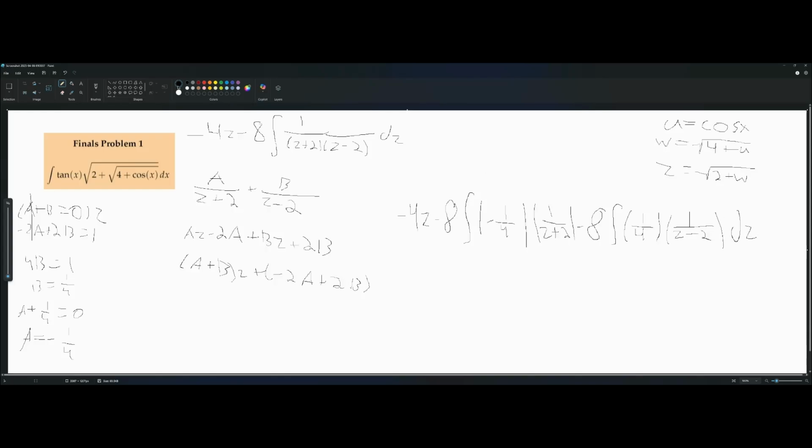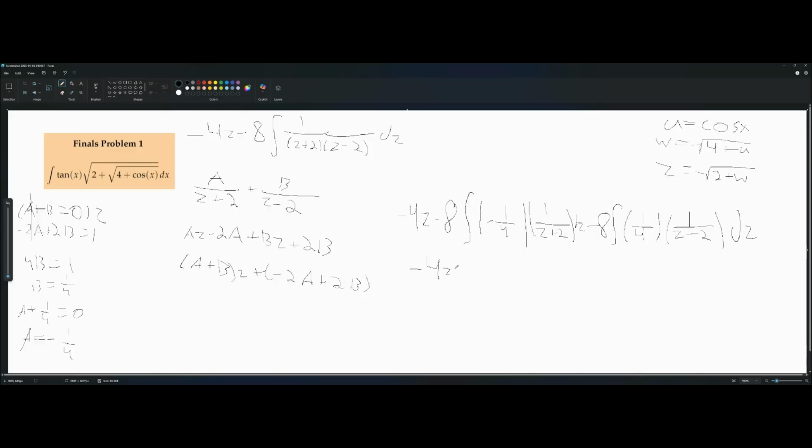Oh my gosh, I forgot my dz on my first integral. What am I doing? Hold up, give me a second. Just rewrite this. Should be 1 over z plus 2. Oh my gosh, I have no space. dz minus 8. And when we evaluate this, we can take out the 1/4, right?